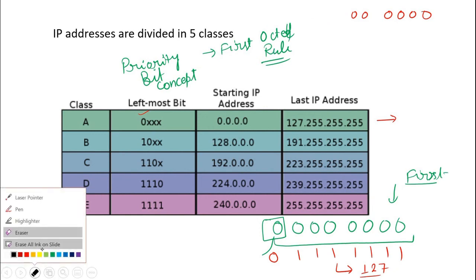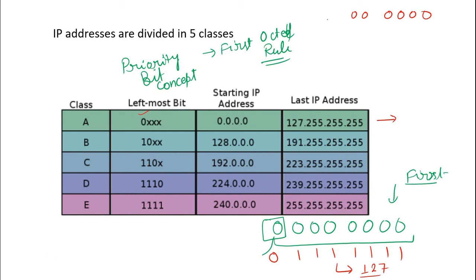So the first bits are fixed, and the remaining you can change. For the maximum, you can put 1s like this. That's the remaining range, and that's how we get our number. You can convert these bits to a decimal number and you get the range of the class B IP address. So that's how it is happening.